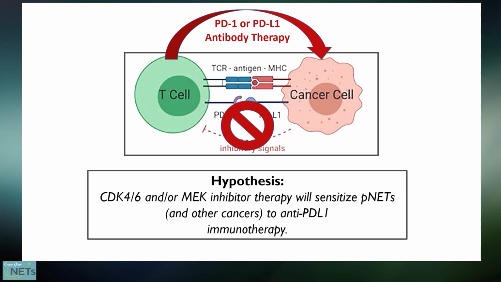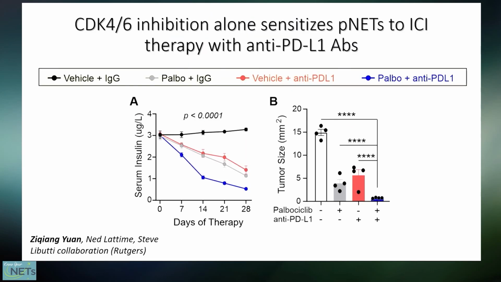And this led to our hypothesis that inhibition of CDK4 and/or MEK kinases would sensitize, or make, PNETs become responsive to anti-PD-L1 immunotherapy. And we examined this again in the MEN1 PTEN double knockout mouse.